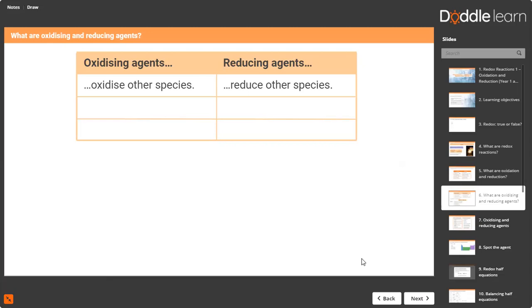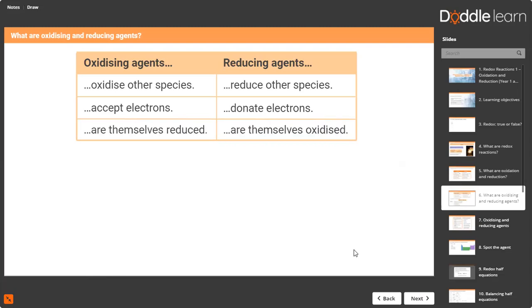A reducing agent is something that can reduce other species. Oxidizing agents accept electrons, whilst a reducing agent will go in and donate electrons. Oxidizing agents are themselves reduced, and reducing agents are themselves oxidized, which I know is a bit of a strange way to think about it.